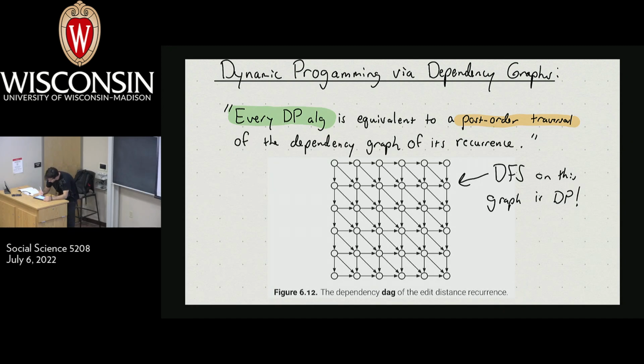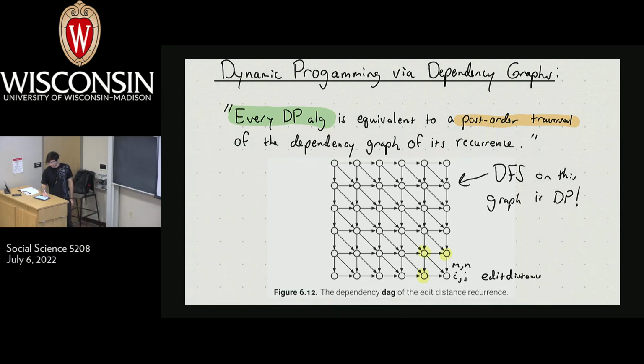So for example, this subproblem, maybe it's problem ij, because this is edit distance. Actually, so this would be mn to be precise. So what this does is you're running a DFS. Once you get to that node, you're building its solution based off of these subproblems right here.